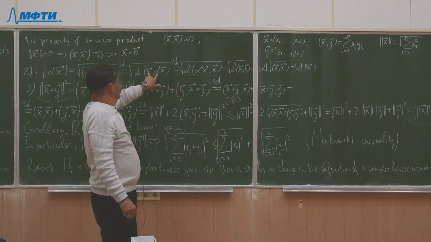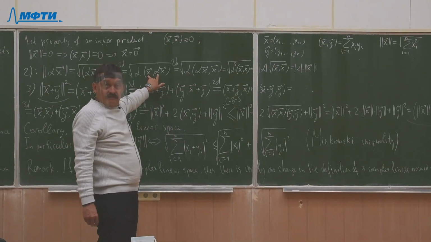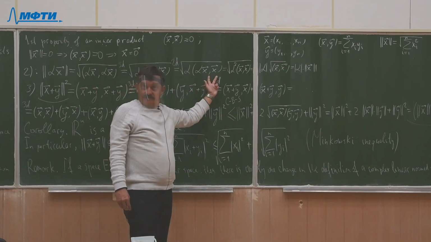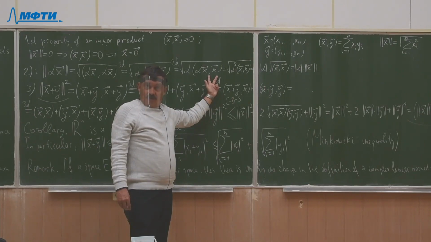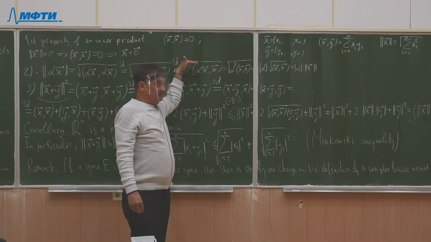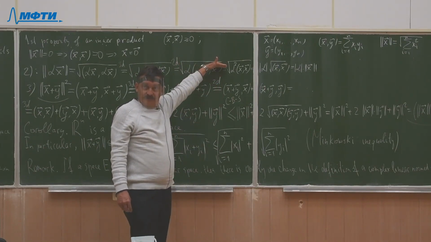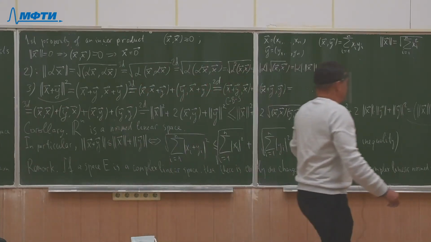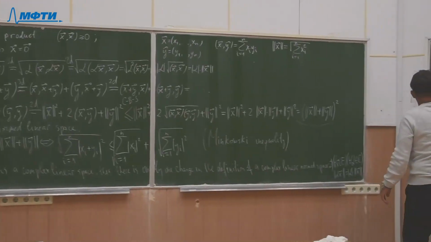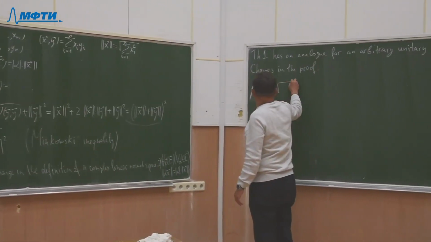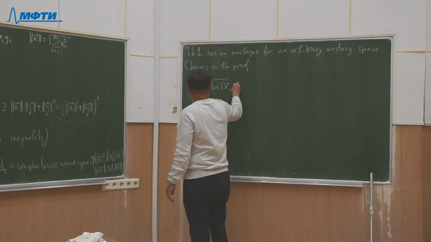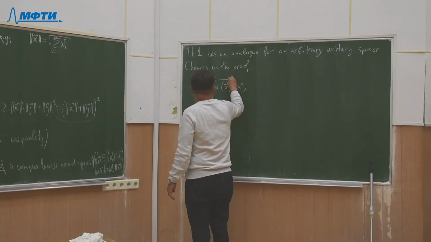Because for real, we could change the order without anything else. And for complex, we need to put a conjugate, right? So for the second, look, the square root of (alpha x, alpha x), right?